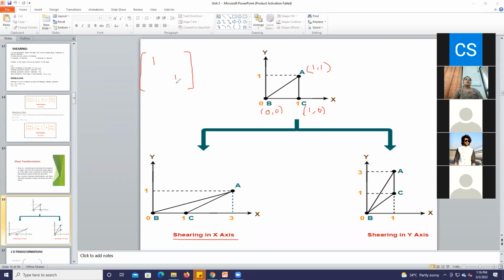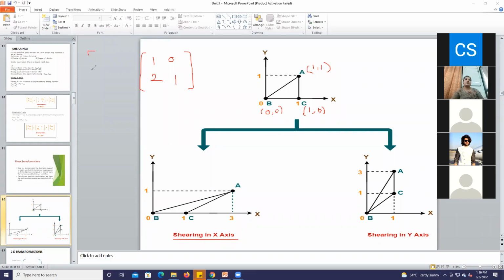So the diagonal elements are 1 because it is shearing. And here is SHX and here is SHY. So as shear is along x-axis, the shear factor along y is 0. And we know that shearing factor along x-axis is 2. So this is the T matrix for shearing in x-axis.